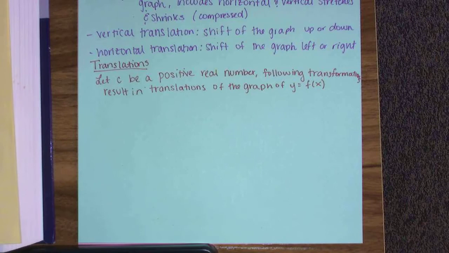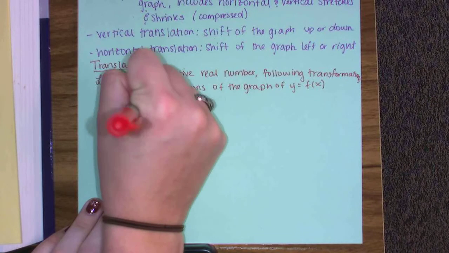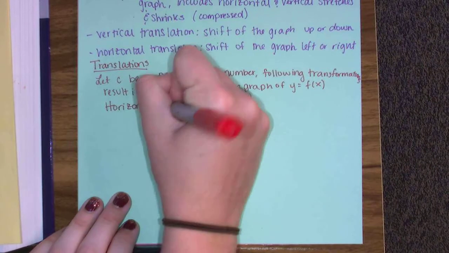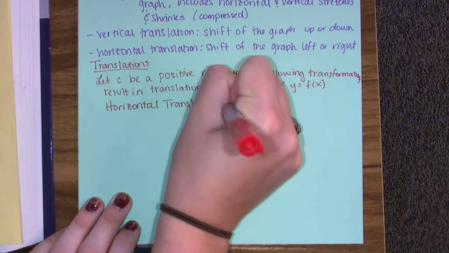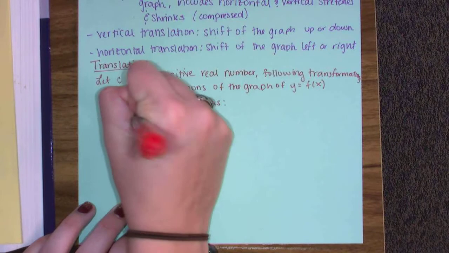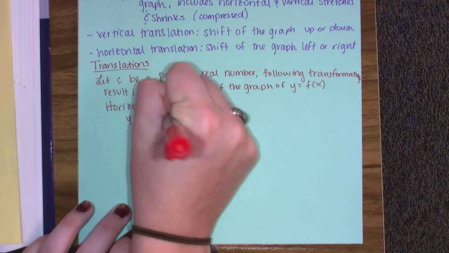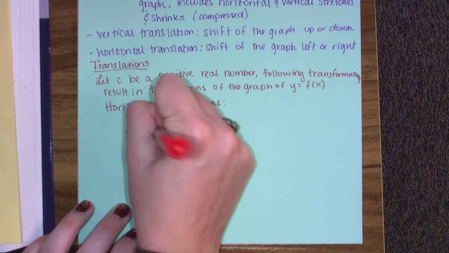Okay, so we can have horizontal or vertical, starting with horizontal translations. You can have y equals f of x minus c, or y equals f of x plus c.